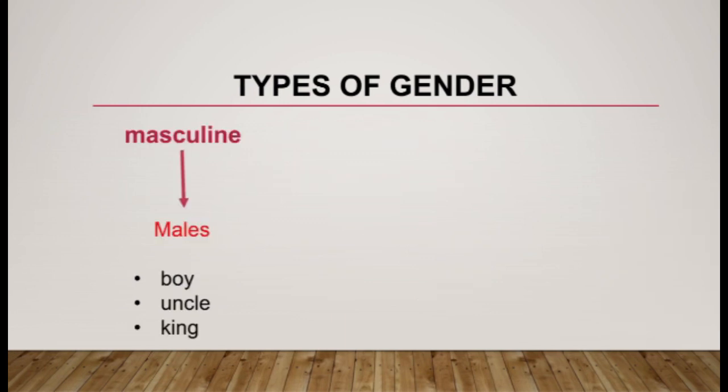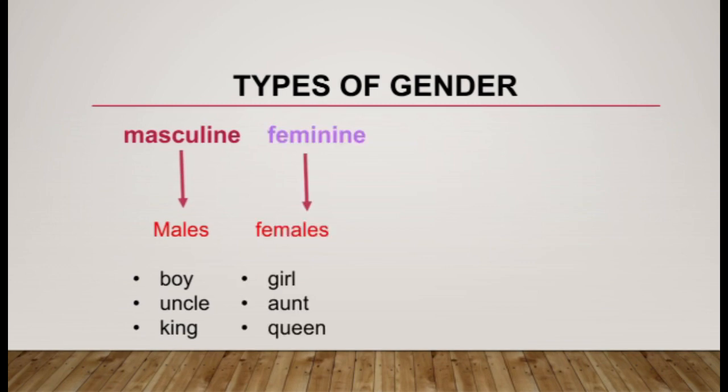Now let us revise the 4 different types of genders. The first one is masculine. Masculine is used for males only. For example, boy, uncle, king. The second is feminine. Feminine is used for females only.